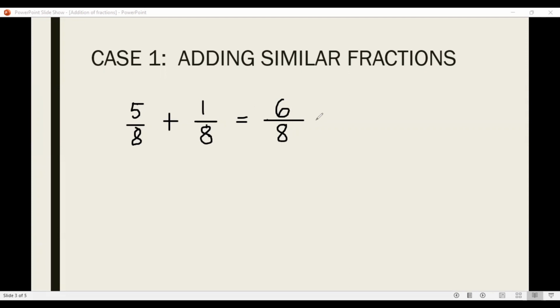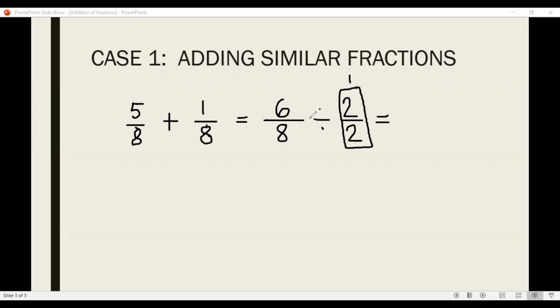Or we could just simplify 6/8 by dividing this by the GCF. So the GCF of 6 and 8 is actually 2. When you say GCF, this is the greatest common number that can divide both the numerator and the denominator. This does not affect the value of the fraction, because as we notice, 2/2 is basically equivalent to 1.